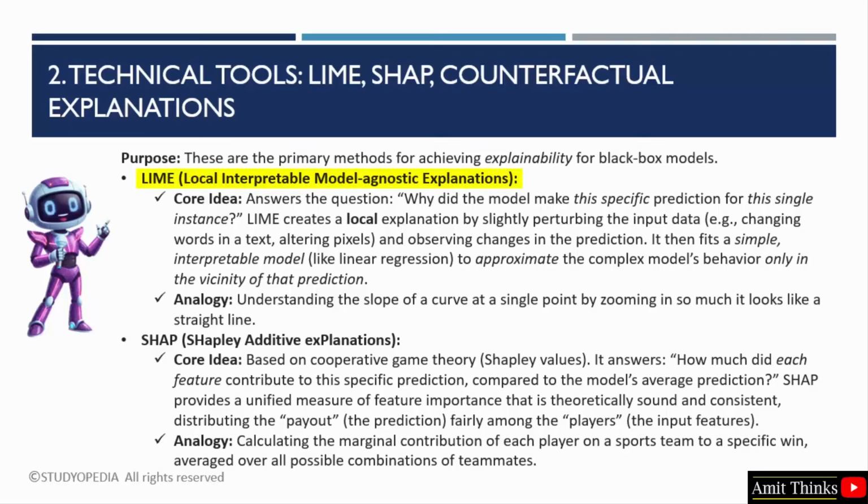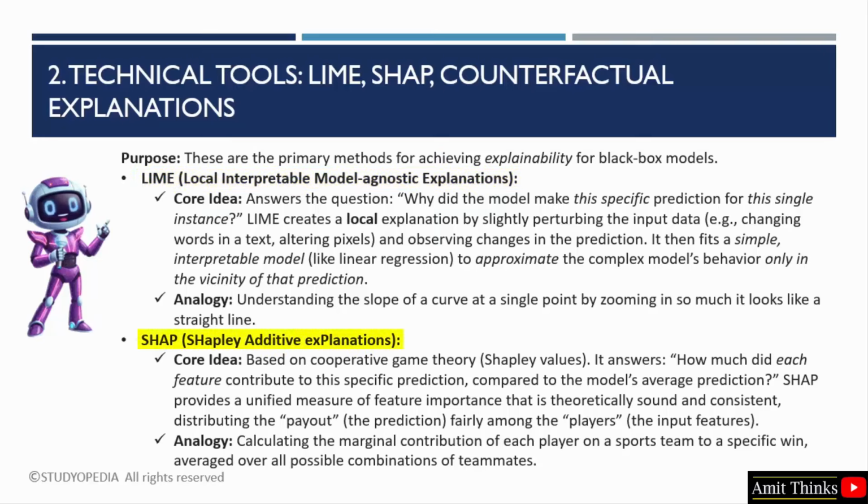Let us begin with LIME, that is Local Interpretable Model-agnostic Explanations. It explains why a model made a specific prediction by slightly altering the input and observing changes. It then fits a simple model to mimic the complex model's behavior locally. Here the analogy is like zooming in on a curve until it looks straight, revealing the slope at that point.